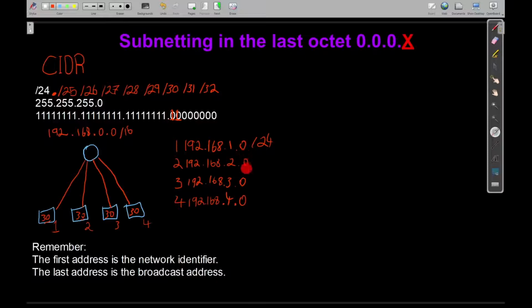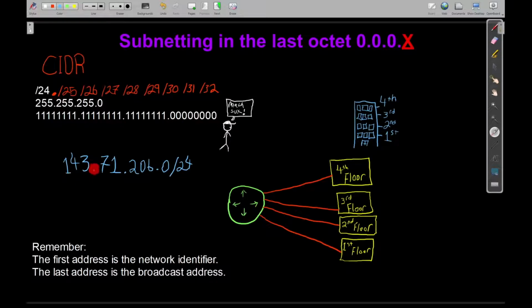But each of these has an option for 256 different addresses. Now let's say we were given this public IP address. We were told that we need to subnet it into 4 networks to hold 30 different end devices on each network in a data center.